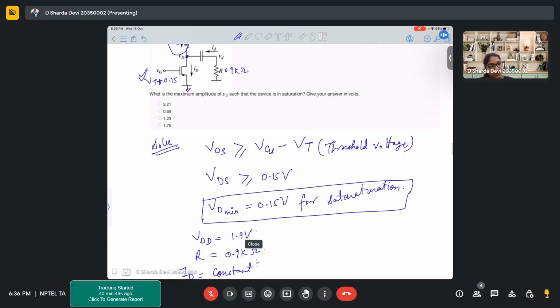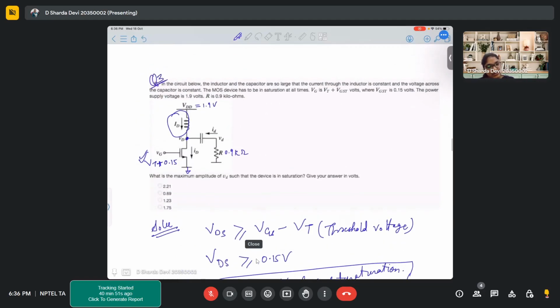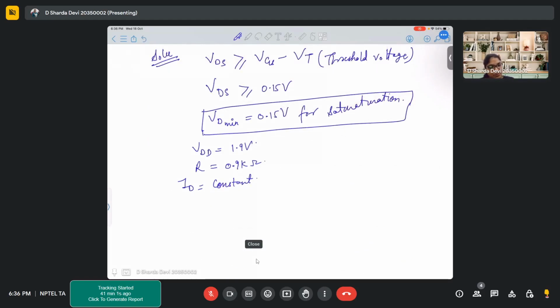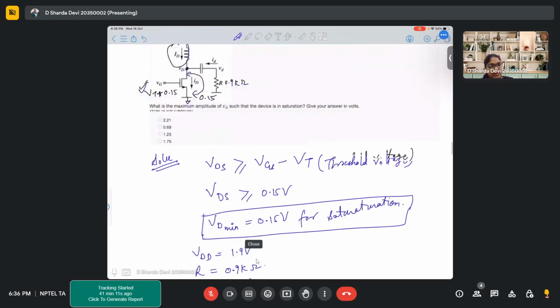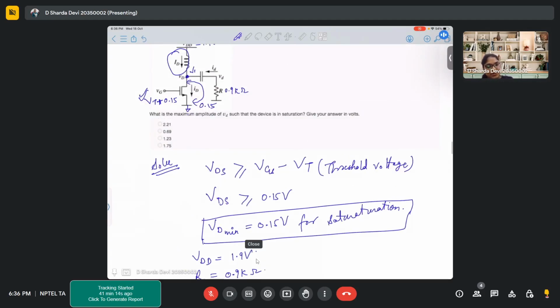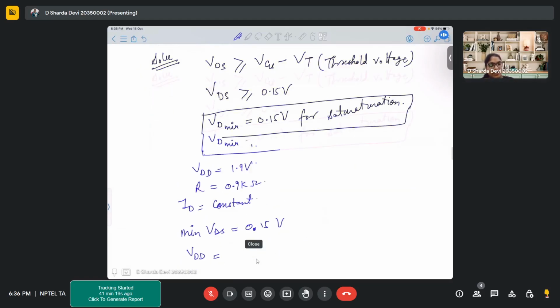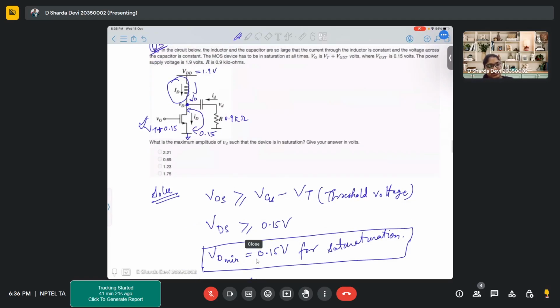Now, if the drop across this VDS is 0.15, we know that minimum VDS is 0.15 volt. If we say this is point VD, there can be a drop across this inductor and then VDS.